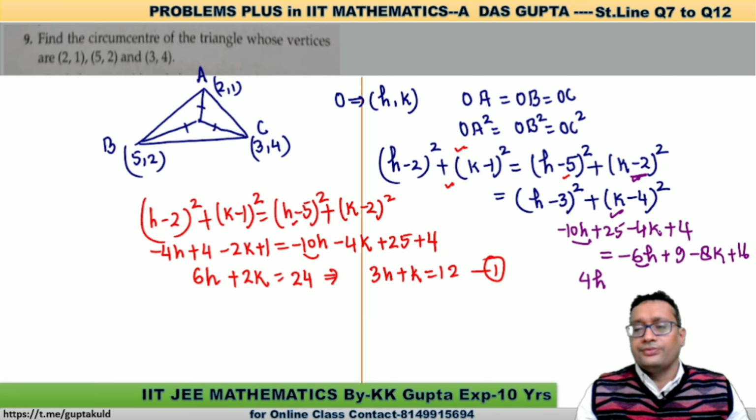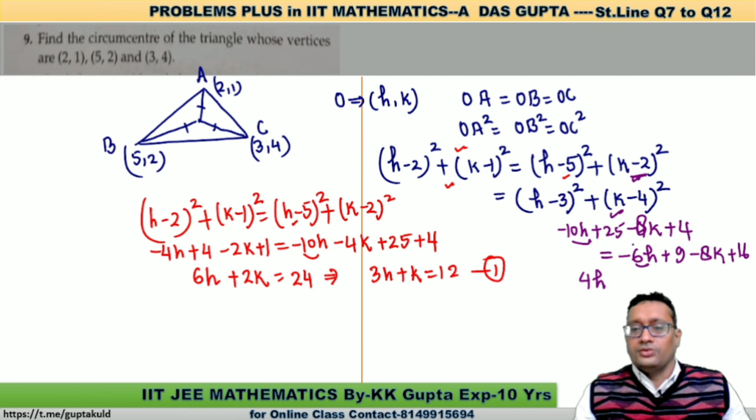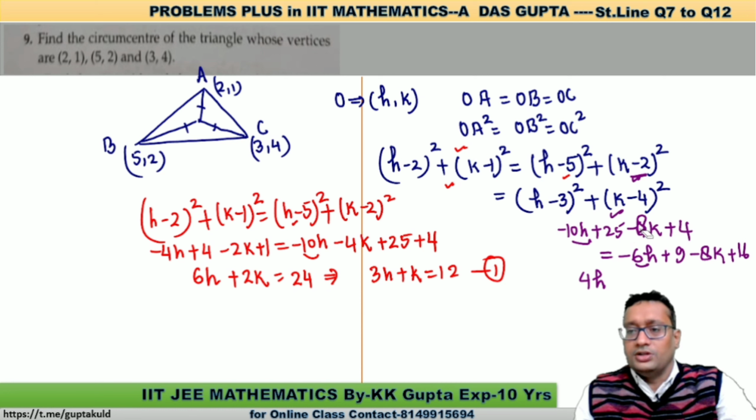This is minus 8k. Okay, now this I have written here only, minus 4k only, because this is k I am talking about here, −10h and this is −4k.